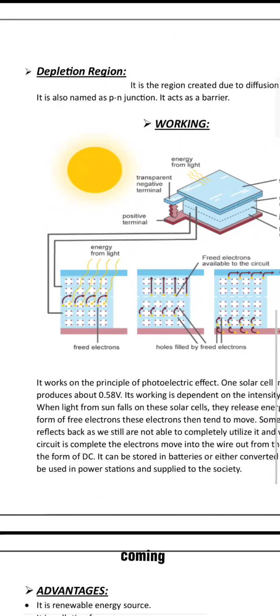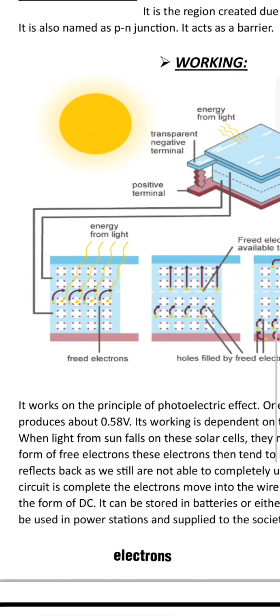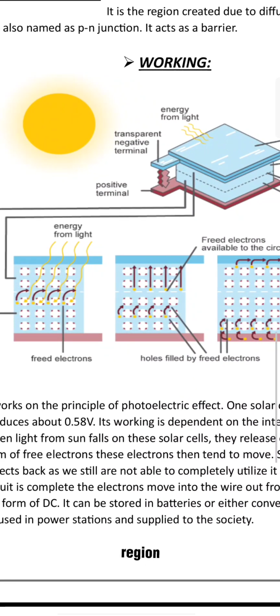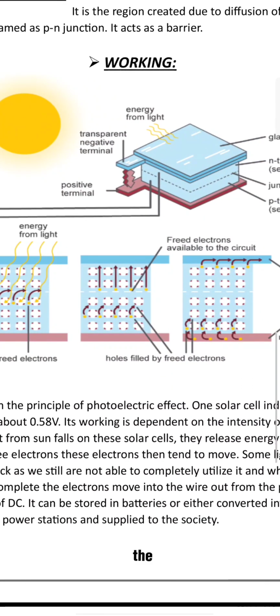So when the energy coming from the sun enters the solar panel, it creates free electrons, photoelectrons you can say. They move to the n-type region, and the electrons fill up the holes created because of the energy.